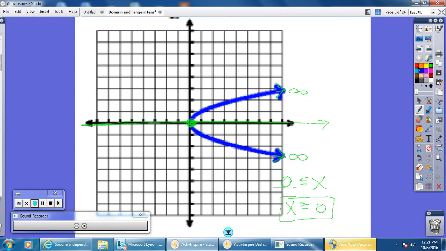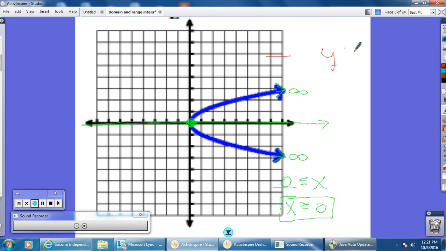All right. Now let's look at the range. Oh, this one's exciting. Now the range, remember we're looking at our y-axis. So now when we come in from the bottom, we're scanning, scanning. What do we hit? We hit an arrow.